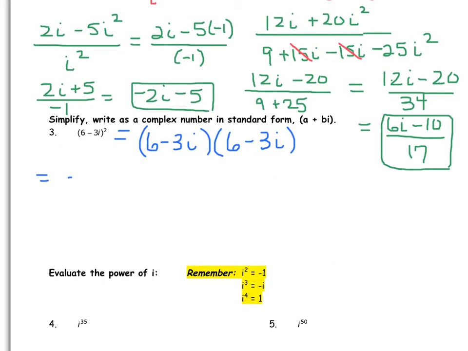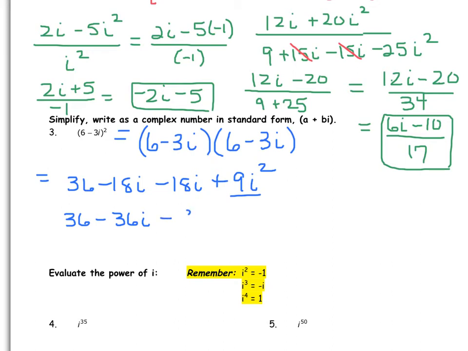So we end up with 36, a minus 18i, another minus 18i, and finally a positive 9i squared. And the power of i needs to get evaluated. So there's 36 minus 36i, and the positive 9i squared is the same as 9 times -1, or a -9. And then we're able to rewrite the final answer as 27 minus 36i.